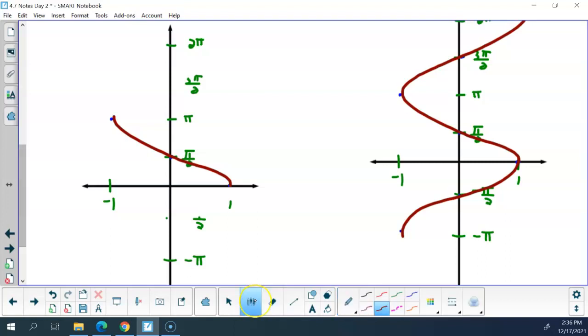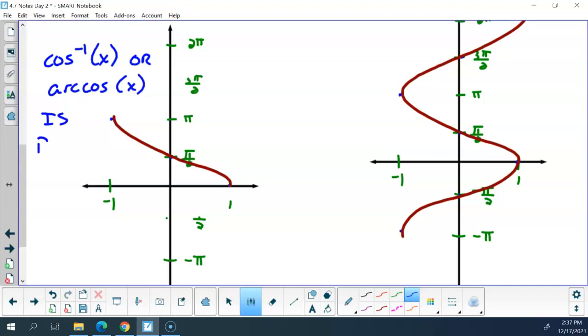So inverse cosine, or arc cosine, is restricted to what?